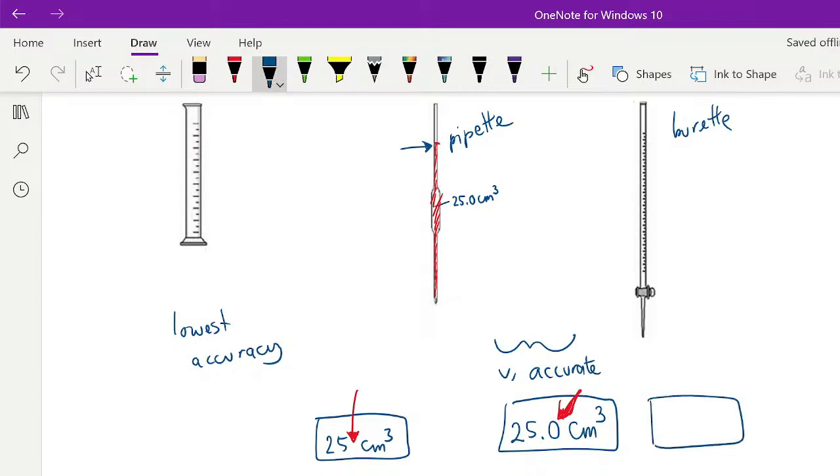If they ask you to measure 12.5 cm cube, there is one decimal place so it needs to be accurate, and there is no 12.5 cm cube pipette, so you need a burette for this.